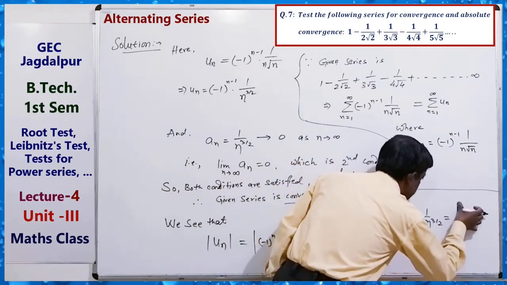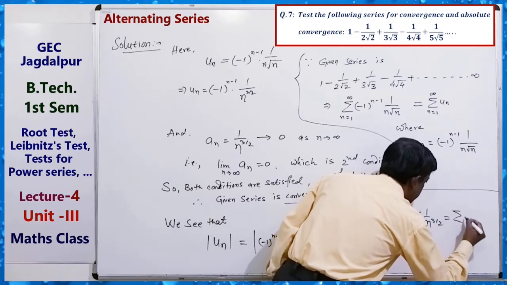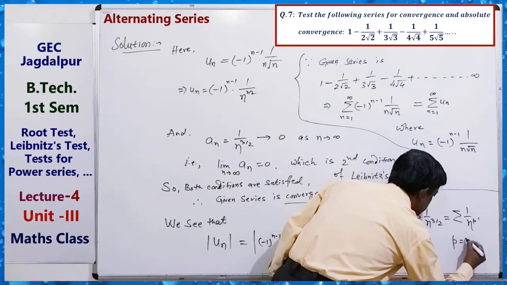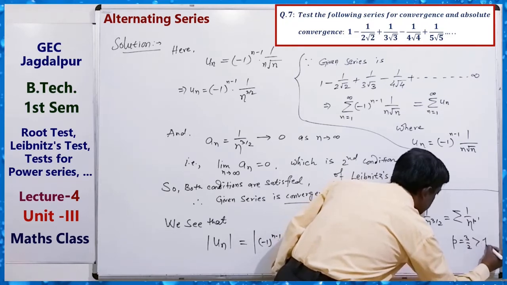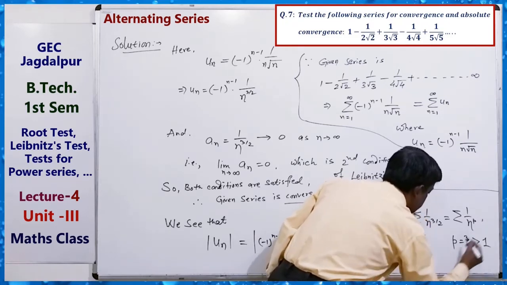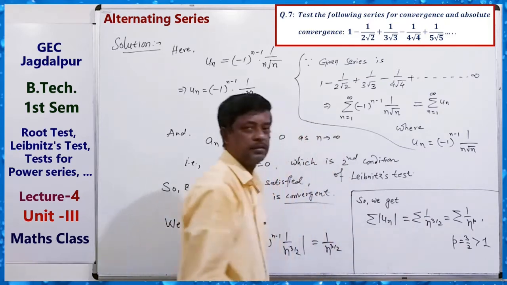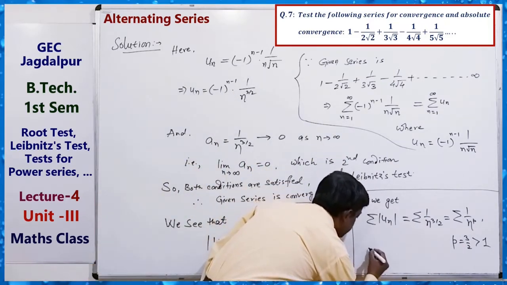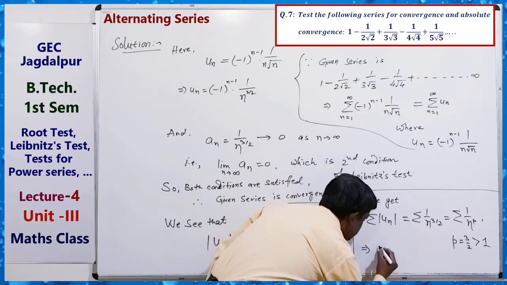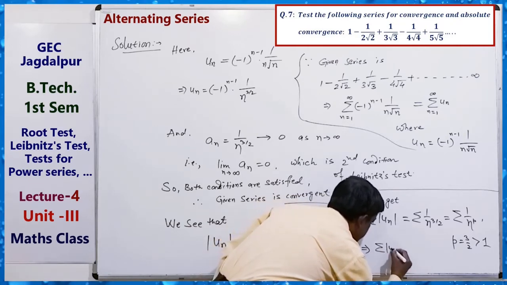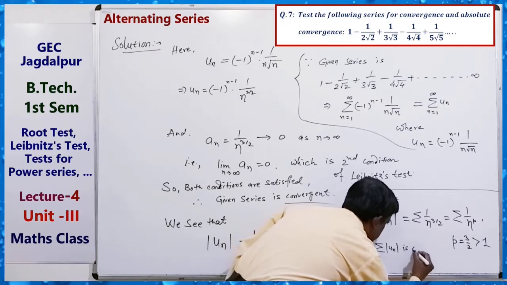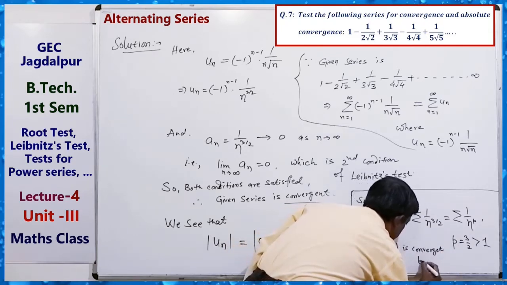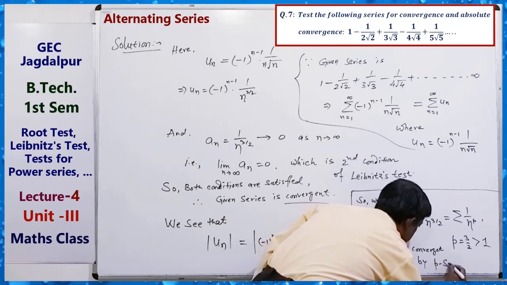That is 1 upon n to the power p. P is equals to 3 by 2 greater than 1, which implies it is convergent by P series test.